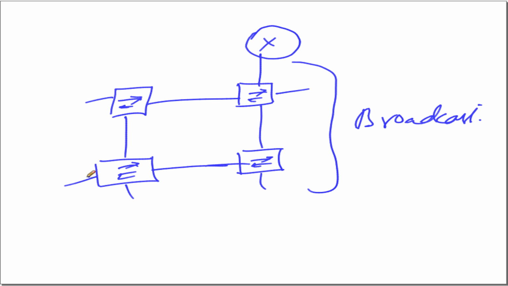On the other hand, each and every port will have its own collision domain. The data coming to this port will not collide with the data coming from this port. They are totally in separate domains. Similarly, the data coming onto this port will not collide with the data coming onto this port. So that is the concept of switches breaking the collision domain.